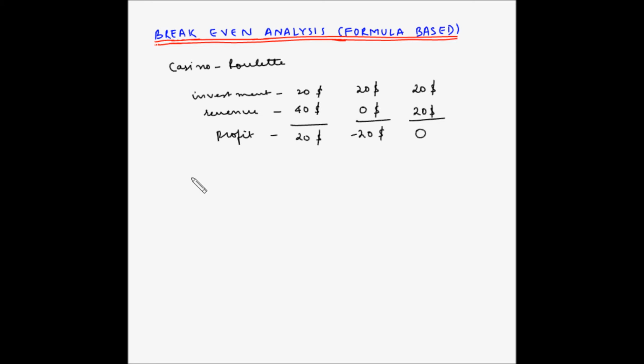Now let us look at this analysis from a corporate world's perspective. Let's say that you decide to open up a business to assemble personal computers and then sell it to the consumers. So you are assembling PCs.